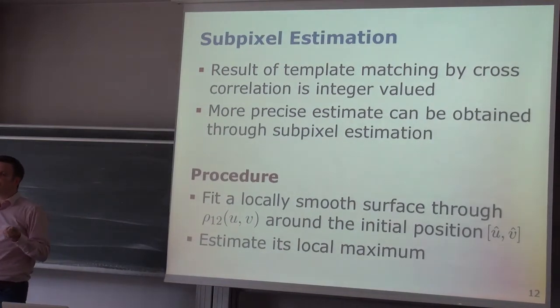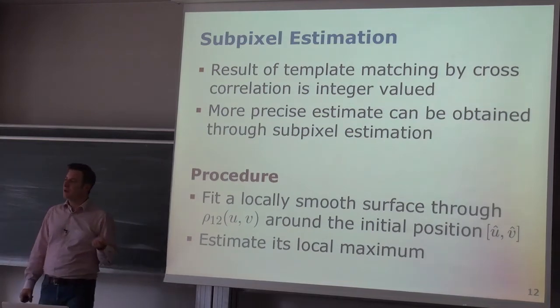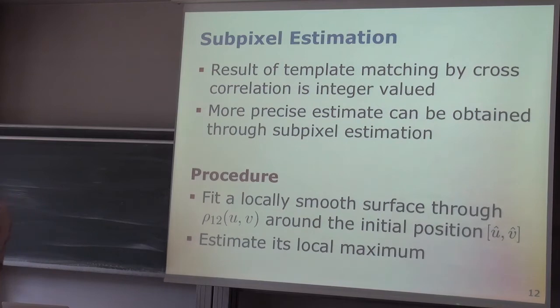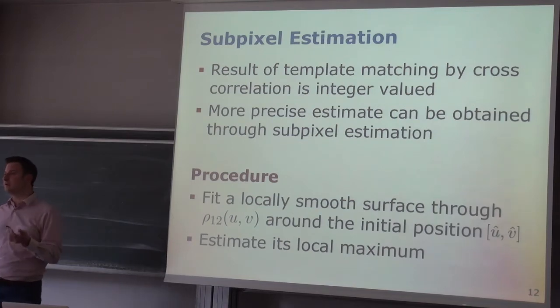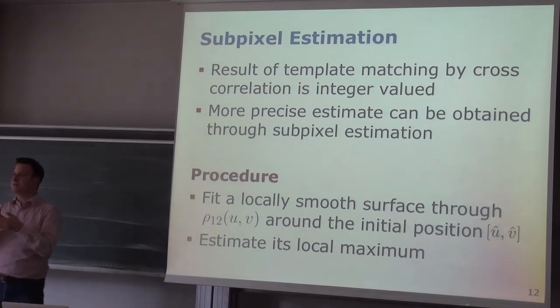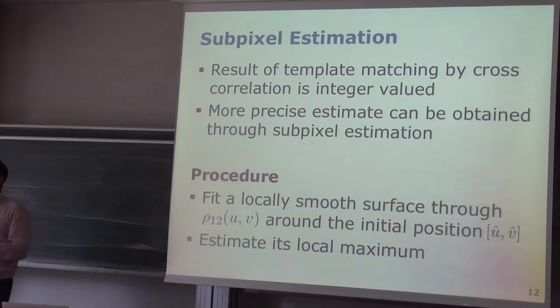And this typically allows us to refine the estimate, and we can get a better estimate of the translation. So the translation is not an integer value anymore, but a floating point number. And we typically can go down to something like, for example, 1/10 of a pixel. So if we find the alignment, we can actually estimate the translation, for example, with 1/10 of a pixel.